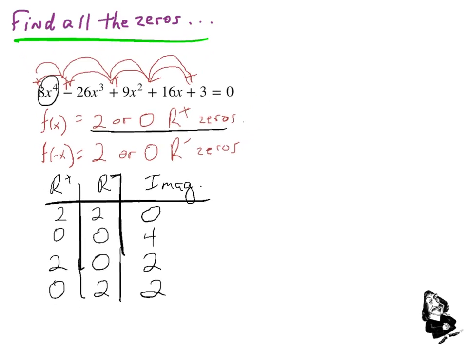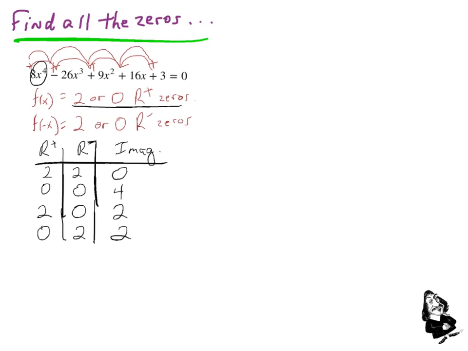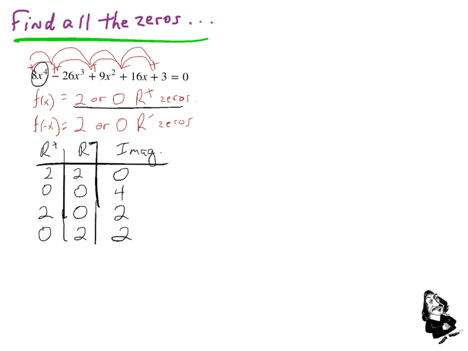Let's make that a bit smaller. Let's move on. Let's find the possible rational roots. Well, for those, here is our P and here is our Q. So it's plus or minus P over Q. The P's, it's either going to be plus or minus 3 or plus or minus 1.